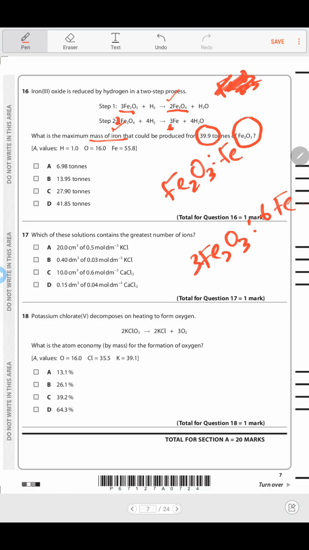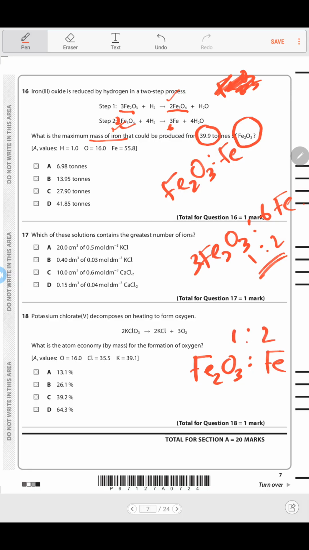The Fe3O4 is the same here, 2 and 2, so I can simplify steps 1 and 2 from Fe2O3 to Fe. It gives you 3 to 6, so that means 1 is to 2. Finally you have the molar ratio between Fe2O3 and Fe. Since it's a ton question, go with the simplest method. Fe2O3 to Fe, the molar ratio is 1 to 2.